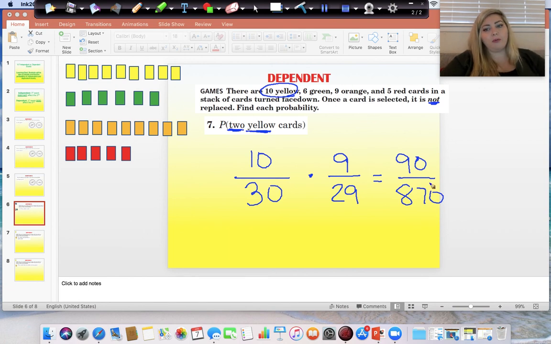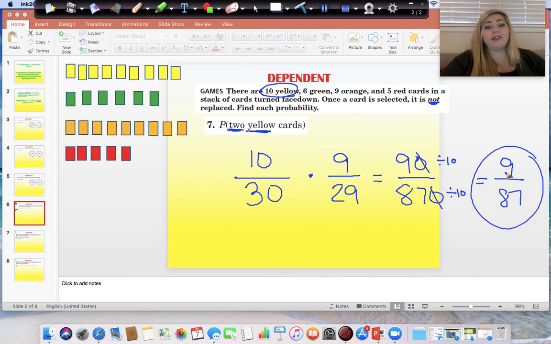For example, both of these end in zeros, which means we can divide both of these by 10 very easily. 90 divided by 10 is 9. We just take off the 0. And 870 divided by 10 is 87. So there is 9 out of 87 chance of pulling 2 yellow cards out of the deck.